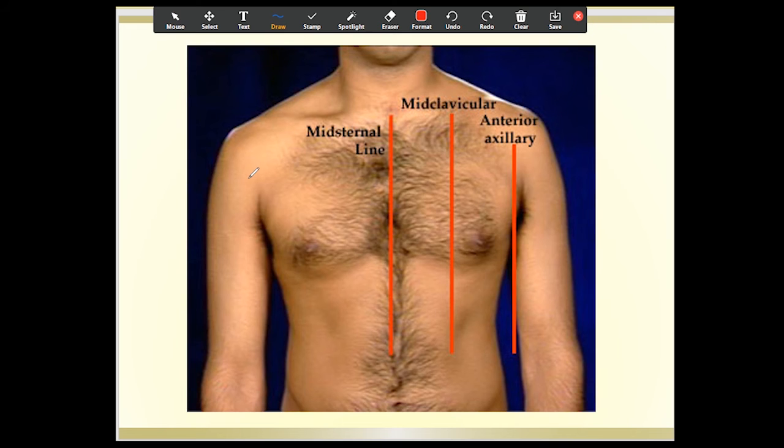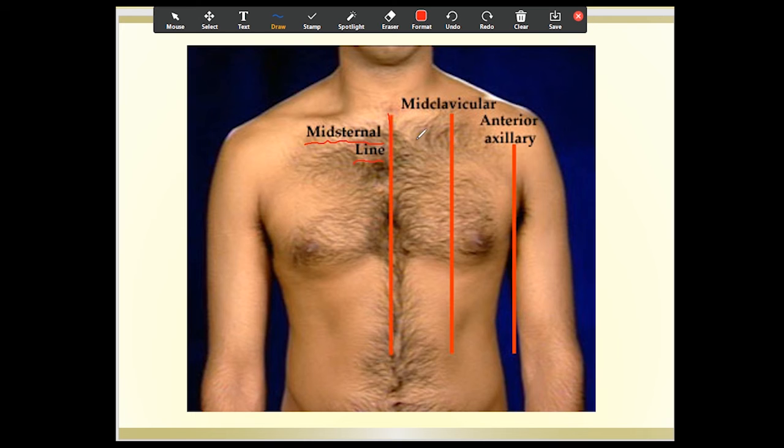Then we also have some lines used in the chest area. In the center, anteriorly, we call it the midsternal line, still following both names.